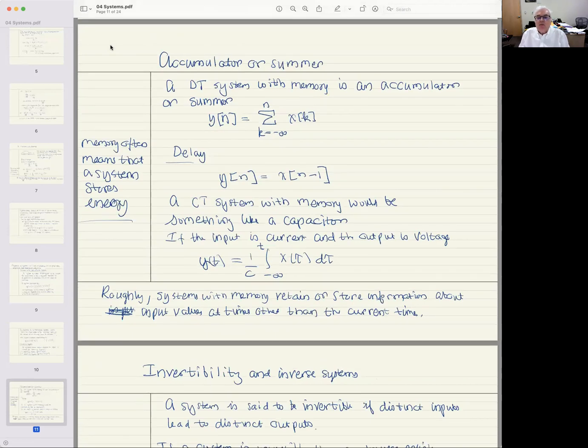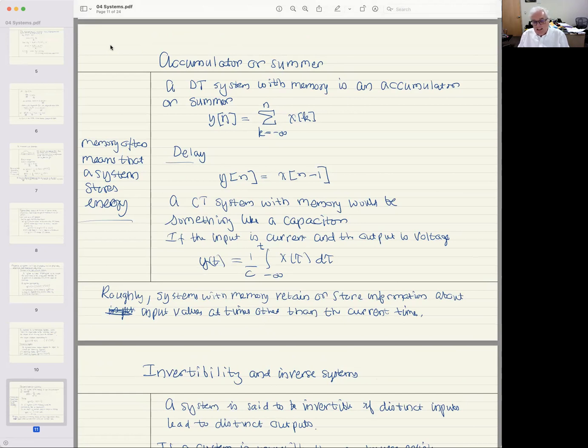Another sort of system is an accumulator or a summer, and not summer in terms of a season, but a summer in terms of something that performs sums. And so you can see that here's an example of a discrete time system with an accumulator.